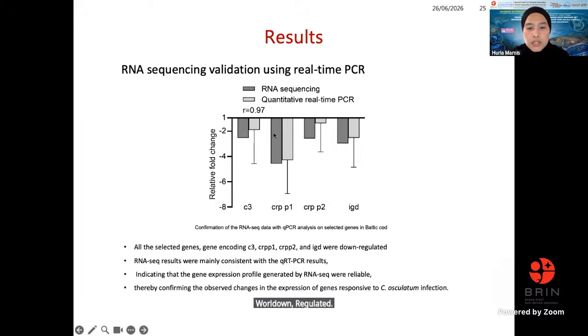The RNA sequencing results were mainly consistent with the real-time PCR results. This indicates that the gene expression profile generated by RNA sequencing was reliable, thereby confirming the observed change in the expression of the genes responsive to Contracaecum osculatum third-stage larvae.